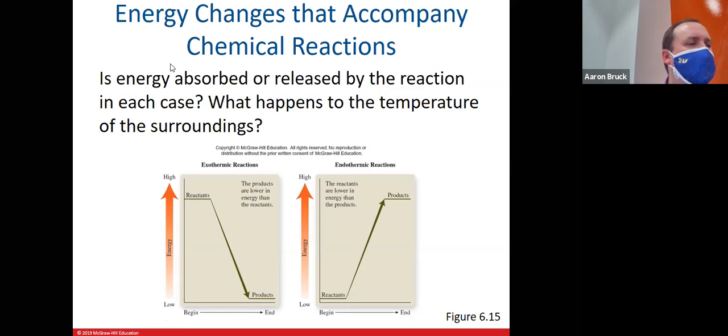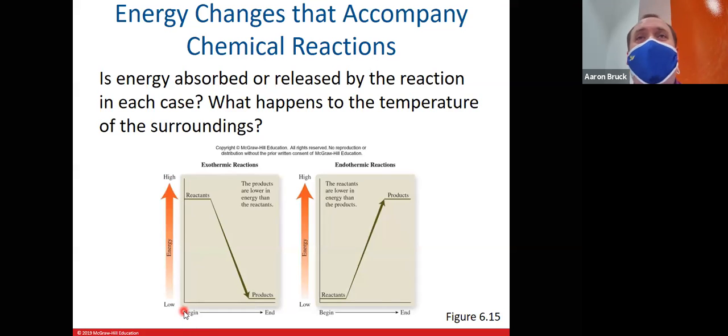So one of the ways that we can show energy changes of this kind is through what we call reaction coordinate diagrams. These reaction coordinate diagrams are pretty easy to follow. On the vertical axis, going up and down, we have energy. And so we can see that energy is low at the bottom and increases as we go toward the top.